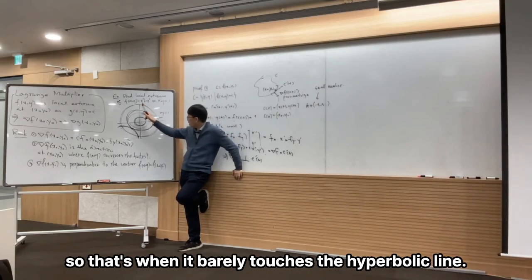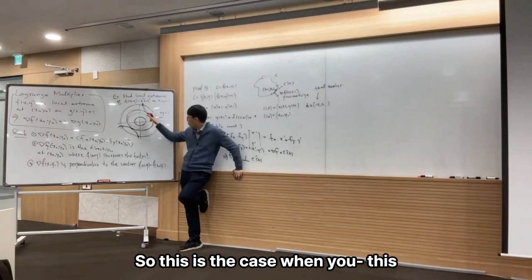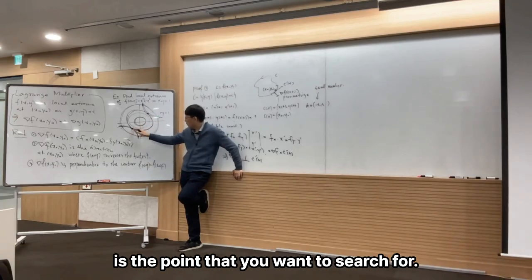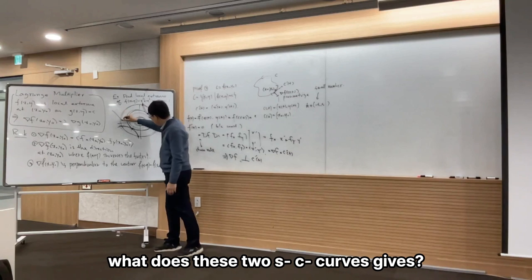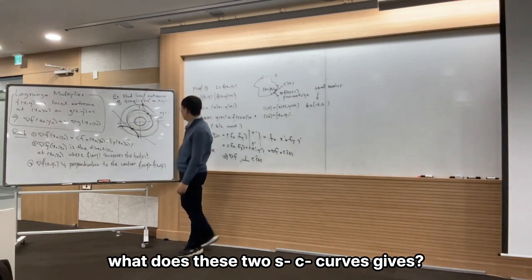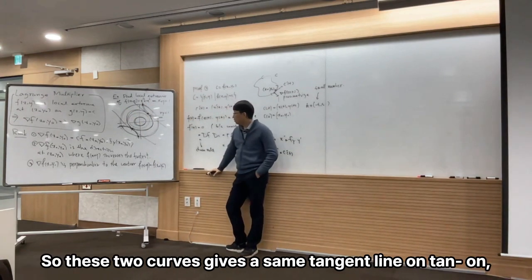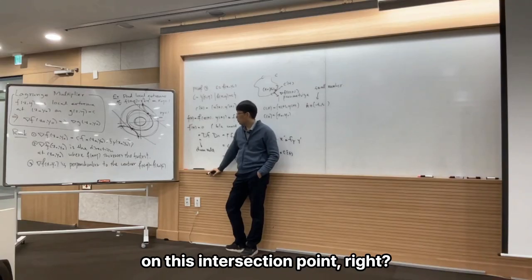So that's when it barely touches the hyperbolic line. So this is the point that you want to search for. So in that case, what do these 2 curves give? These 2 curves give the same tangent line at this intersection point, right?